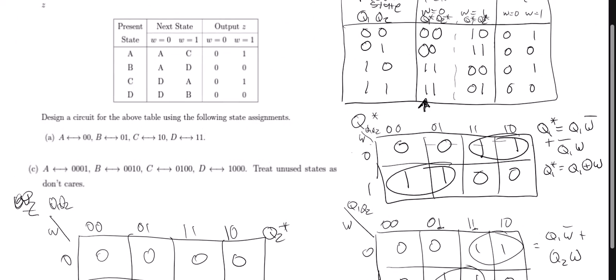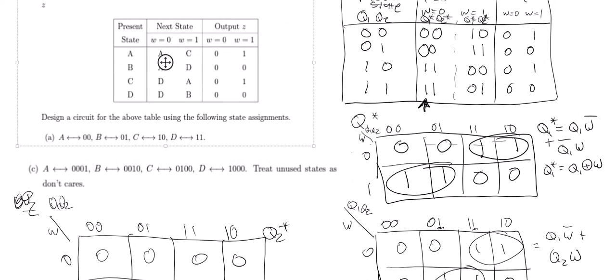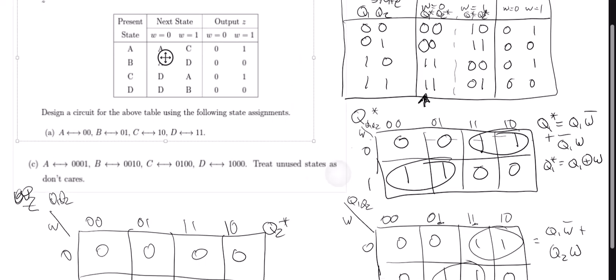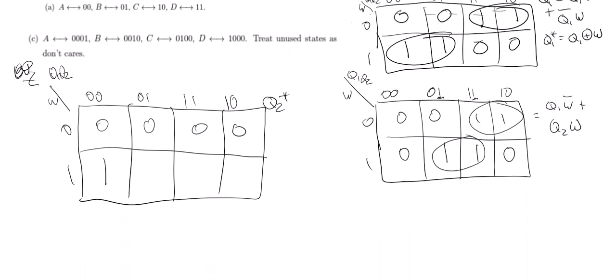And when W was 1, our output was 1 for 0, 0, and 1, 0. So I can grab those like that. So Z equals, let's see, that has Q2 equaling 0 and W equaling 1.